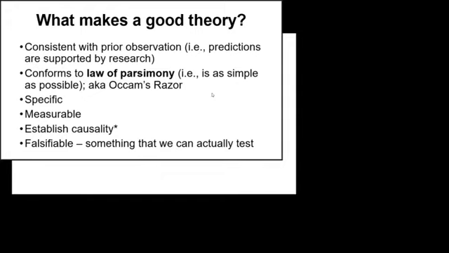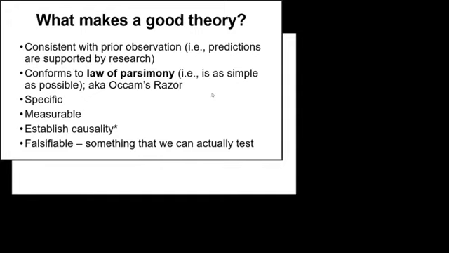We also want to make sure that our theory, at first at least, conforms to the law of parsimony. And so parsimony can also be called Occam's razor, but you've probably heard it explained as the simplest explanation is usually the best one. And the reason why we use this in science is because you can come up with a whole bunch of different stories that might explain a relationship.